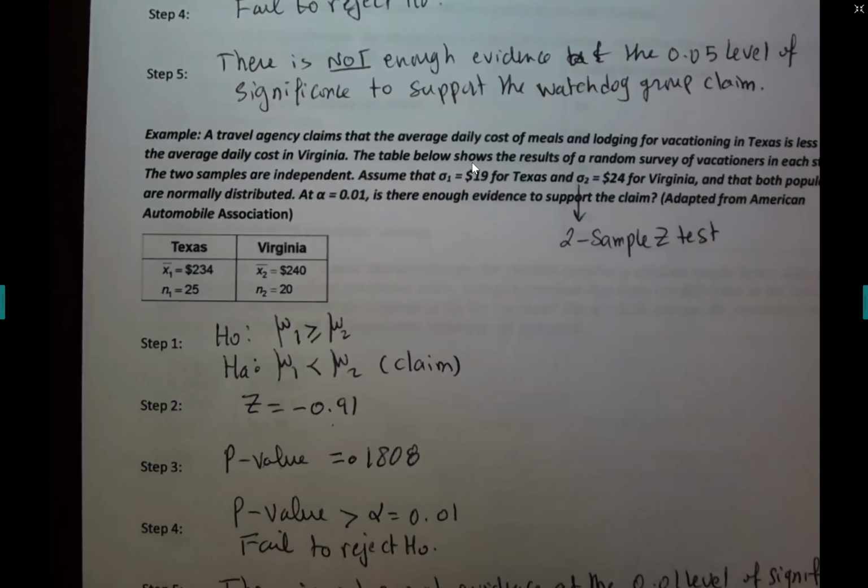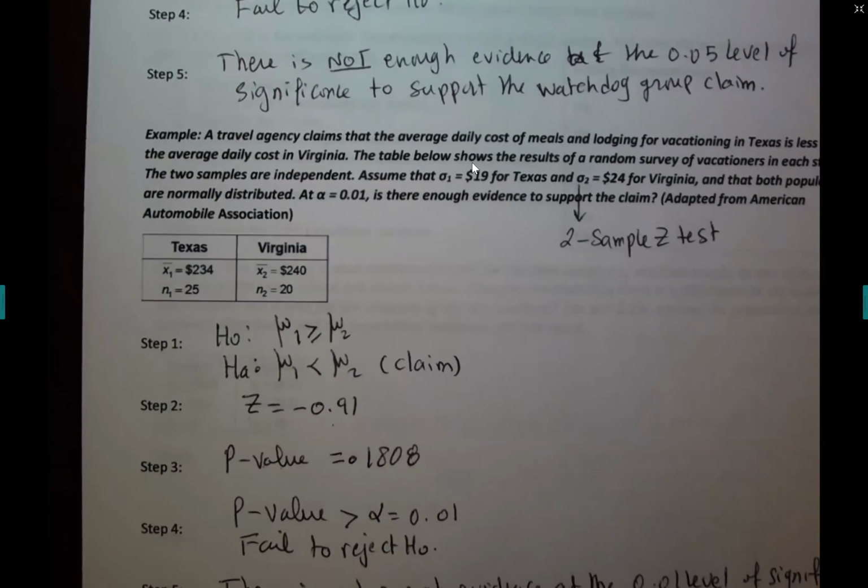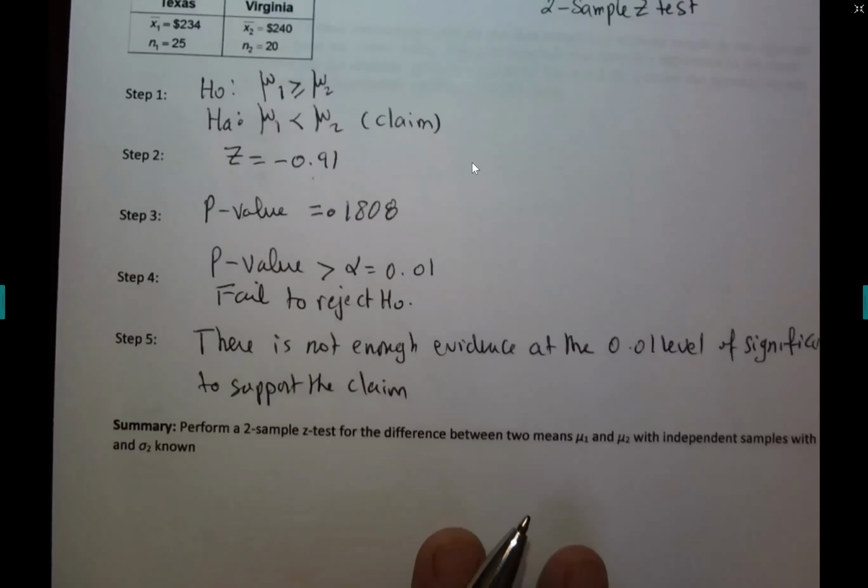You need to know what the claim is. Sometimes, when you do your homework online, it asks you to select the claim. To support the claim that the average daily cost of meals and lodging for vacationing in Texas is less than that of Virginia. You notice from the sample, there was not much difference, so we couldn't say that one is less than the other. And I am done with section 8.1, guys.